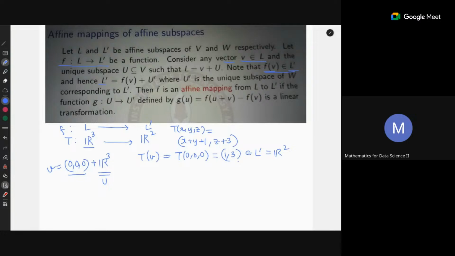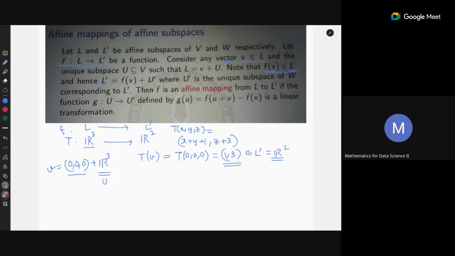Now, because this vector belongs to R2, I can express R2 as the sum of this vector with a unique subspace. Why? Because it's an affine subspace. I can take any vector in the affine subspace and express it as the sum of that vector with a unique subspace.